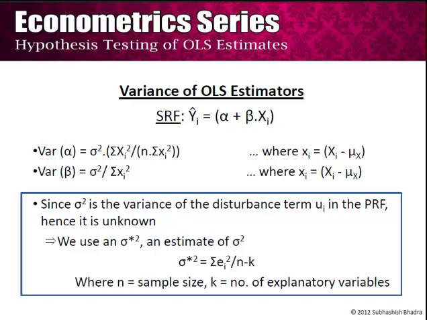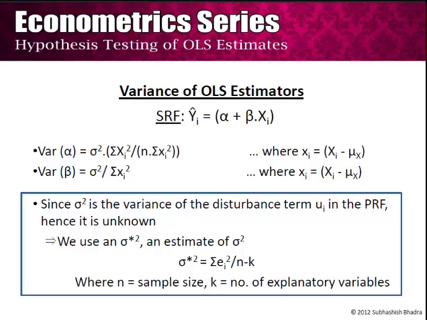However, the population regression function itself is not known to us and we are trying to estimate it, and hence we will not have the value for sigma square with us. In this case, we use an estimate of sigma square, which let us call sigma star square. Sigma star square is equal to summation ei square divided by n minus k. Remember that there is a difference between summation ei square and summation ui square.